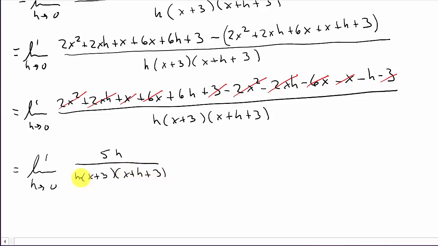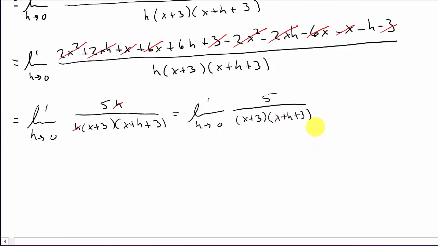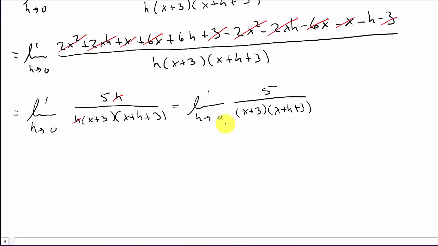And then look at that. The h's cancel out. And I'm left with the limit as h goes to 0 of 5 over x plus 3 times x plus h plus 3. And then we'll plug the 0 in for h.